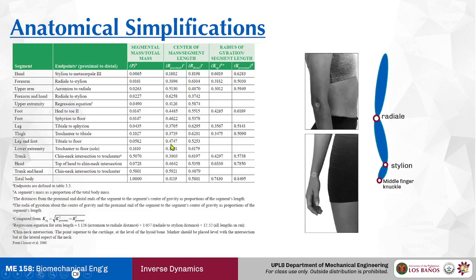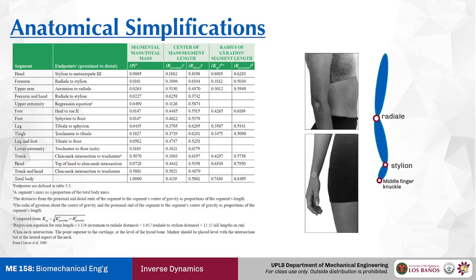The proximal column is measured from the most proximal endpoint of your body segment. For example, if it's the forearm and you select the proximal subcolumn, the measurements there, which are divided by the segment length, are percent segment length from the most proximal part.